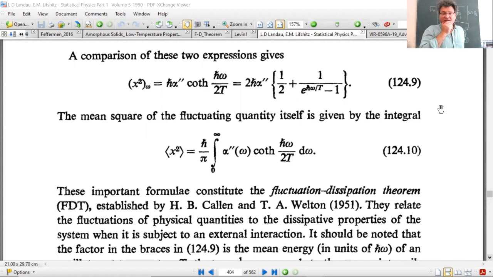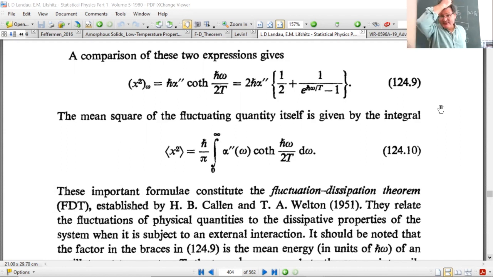There is also a nice summary of the theorem in the Landau-Lifshitz book, Statistical Physics. In this edition, we are at chapter 124.